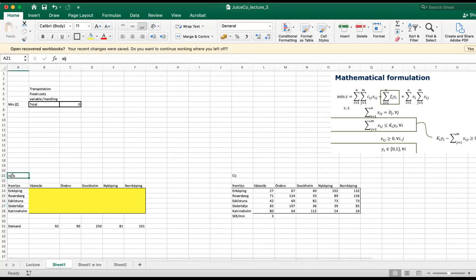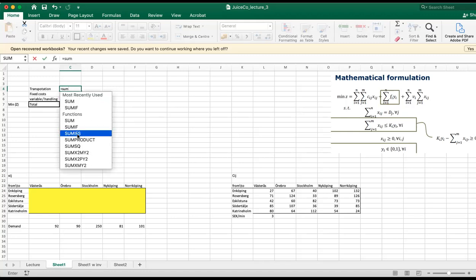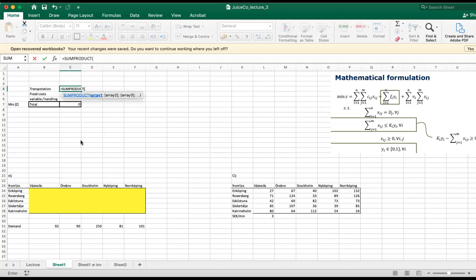We have the Xij matrix, we have the Cij matrix, and then they are telling us that the first cost is the sum product of Cij matrix times Xij matrix. So we come here and implement it. We say is equal to the sum product of Cij matrix, and then multiplied by, in my case it is semicolon, in your case it could be comma, the Xij matrix, close bracket.